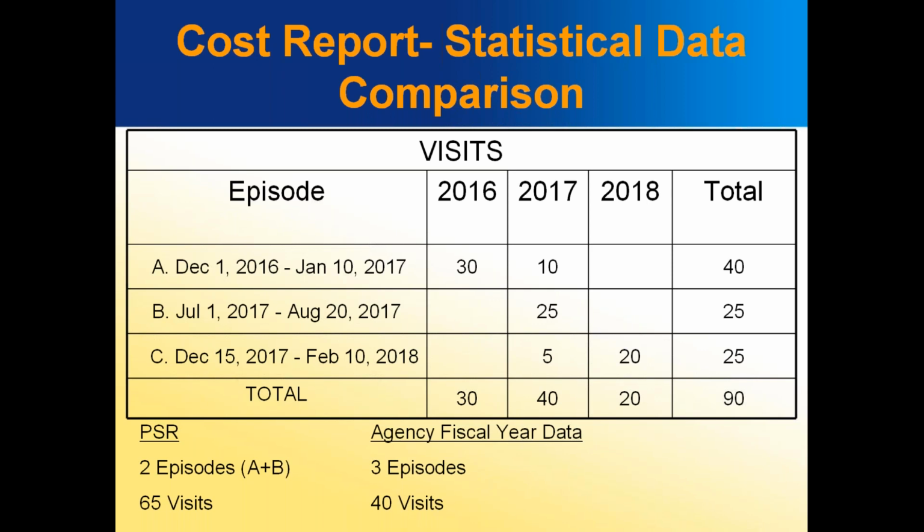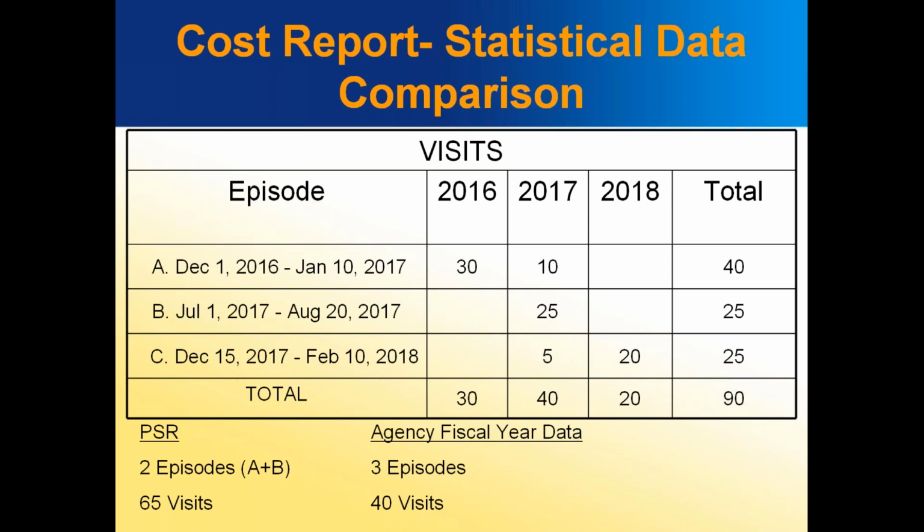And this is why. In this example, we have 3 years in our grid, 2016, 17, and 18. And as you know, you're treating a patient for a 60-day period. So at the beginning and the end of the year, you have episodes that cross over those date parameters. So like in our episode A, it started in 2016 and ended in 17, and we have visits reported in both periods, 16 and 17.